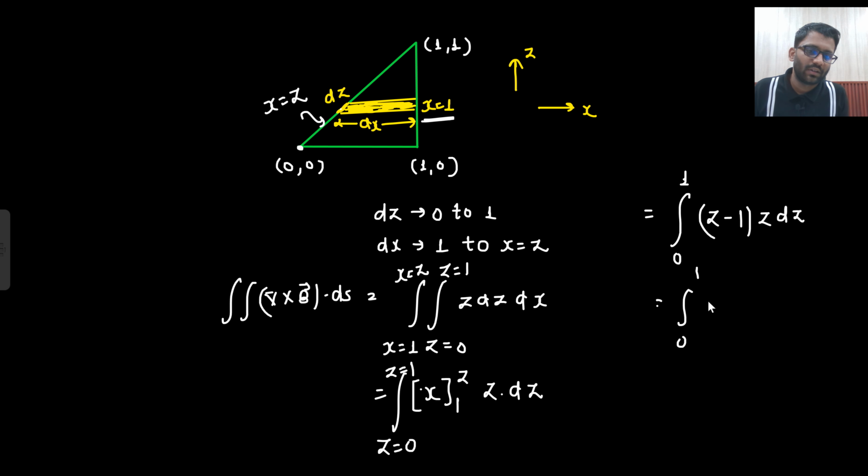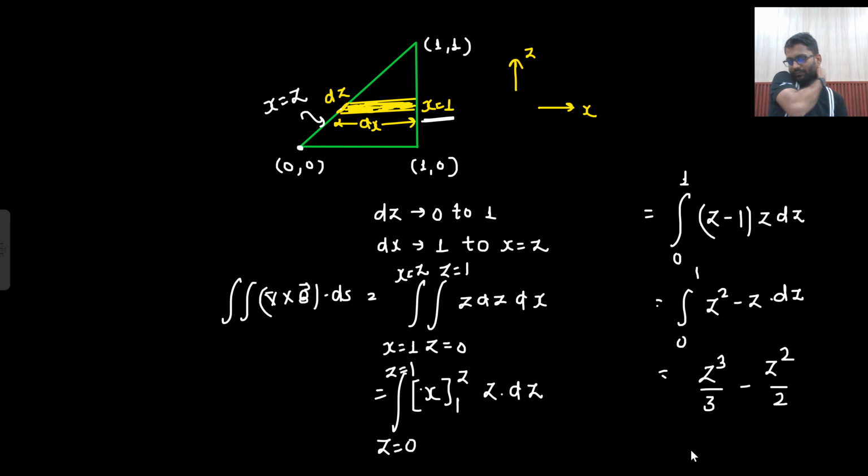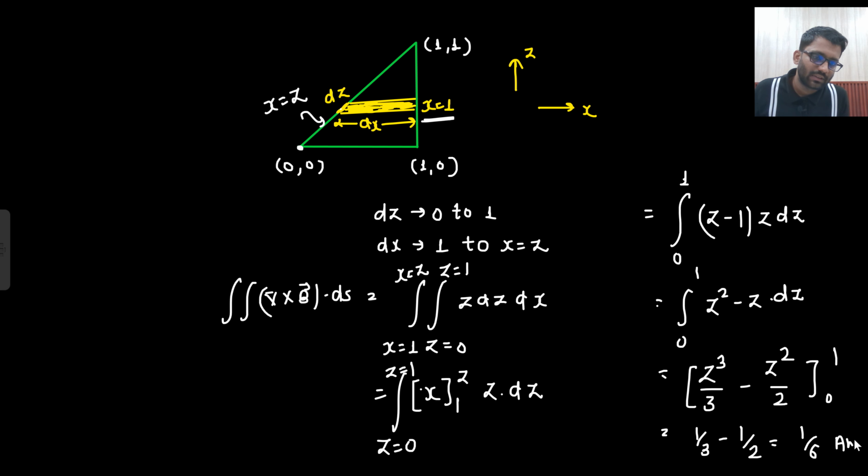So 0 to 1 of z square minus z into dz. So z cube by 3 minus z square by 2, from 0 to 1. So 1 by 3 minus 1 by 2. That will be 1 by 6.